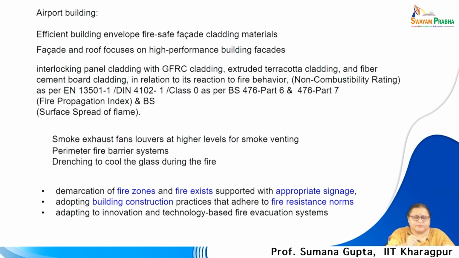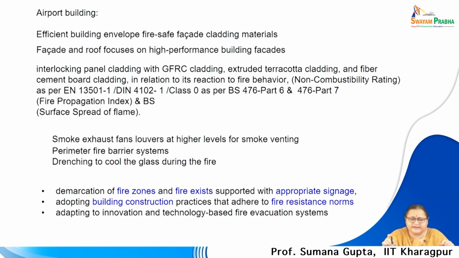So, airport buildings, efficient building envelope, fire safe facade cladding materials are to be chosen. Facade and roof focus on high performance. Facades and roof both should focus on high performance building facades.